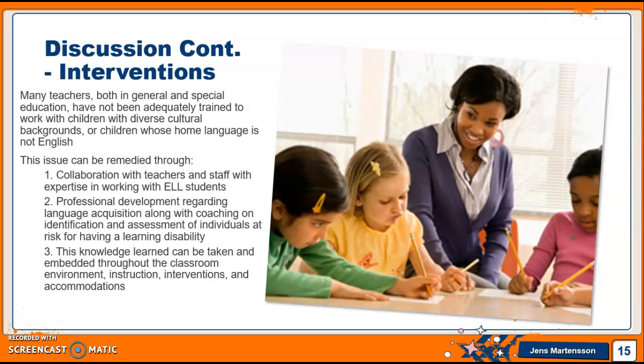Some of the remedies to this issue: collaboration was the number one solution mentioned, with teachers and staff that have expertise in working with ELL students, and professional development regarding language acquisition, along with some coaching on identification and assessment of individuals at risk for having a learning disability. All of this knowledge together can be taken and embedded throughout the classroom environment, instruction, interventions, and accommodations.